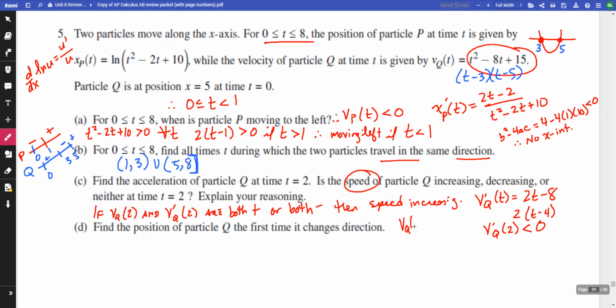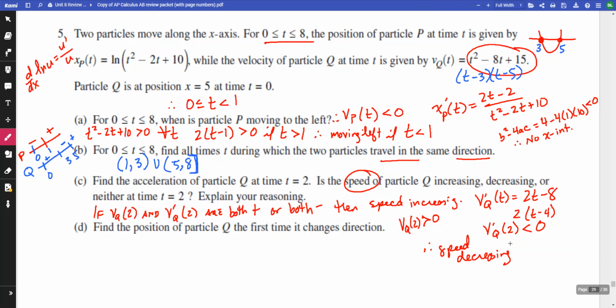So the actual velocity at 2 is going to be negative times a negative, so the velocity at q is going to be positive, so therefore our speed is decreasing. Okay, so we're able to figure those out.